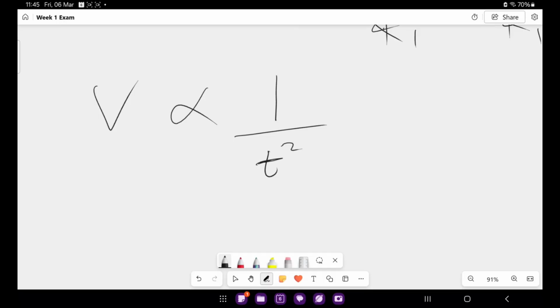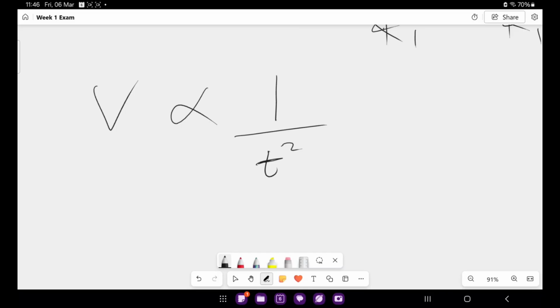So it said the square, not the square root, of t. So if you know your inverse variation, you know that we do it like this. So in item A, it says express v in terms of t and a constant k. So remember, when they say v in terms of t and a constant k, that means we have to make an equation that has v, t, and k.